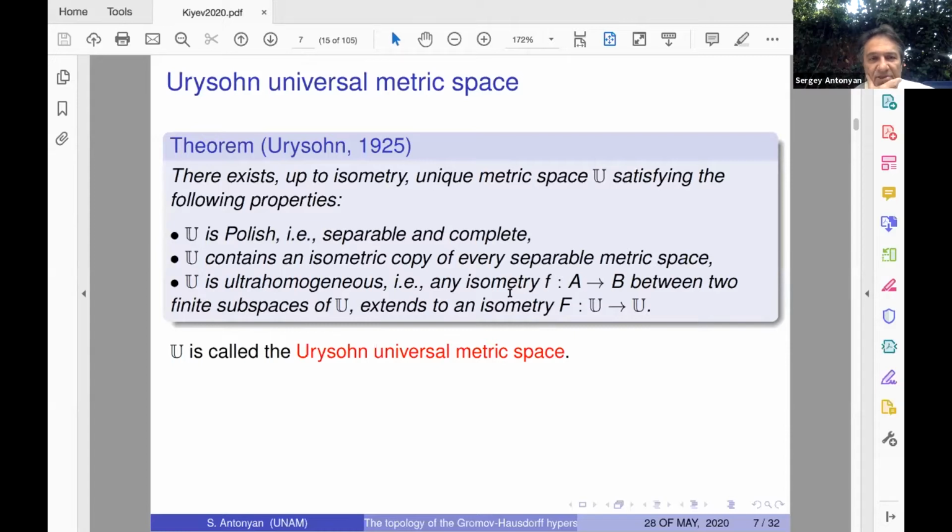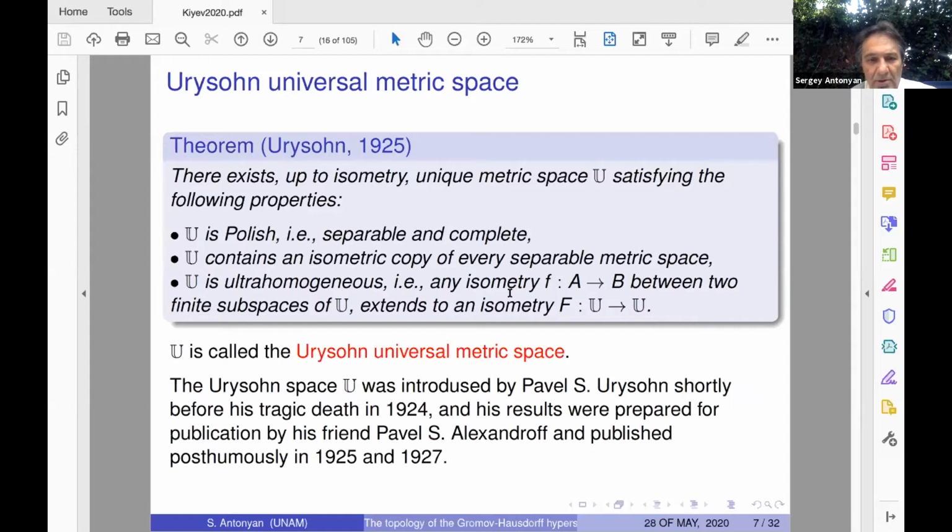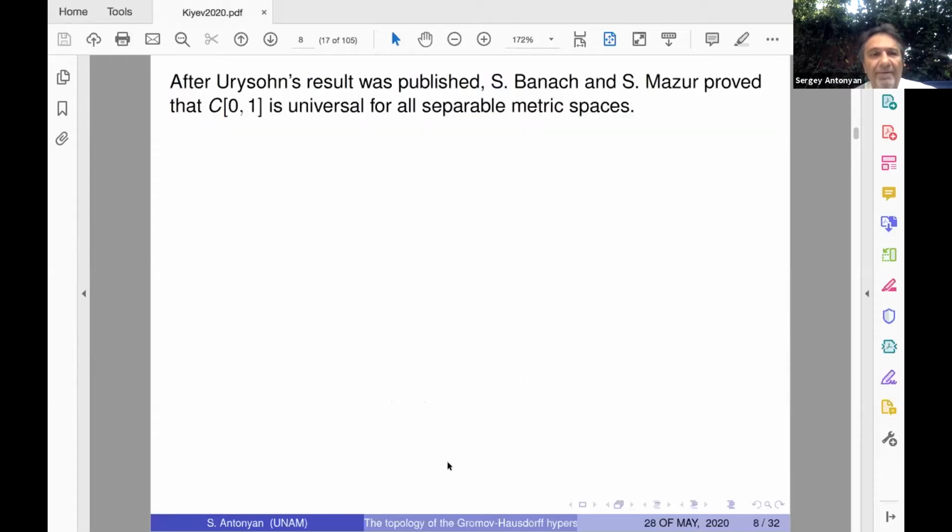So such a space exists, and it is now called the Urysohn universal metric space. It was introduced by Urysohn, as I said, shortly before his tragic death in 1924, and his results were prepared for publication by his friend Pavel Alexandrov, and published posthumously in short form in 25 and with details in 27.